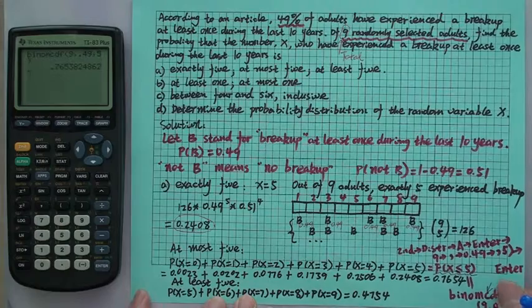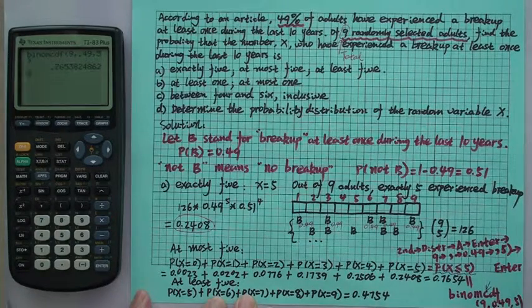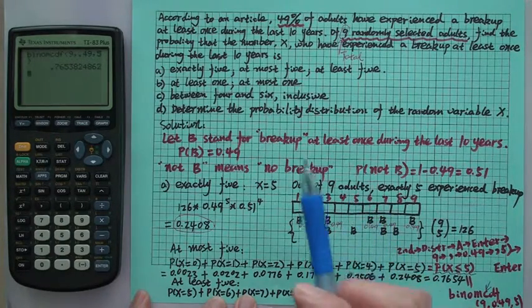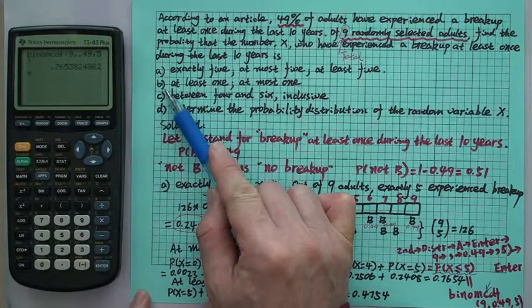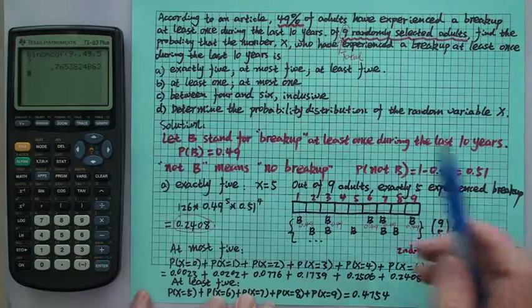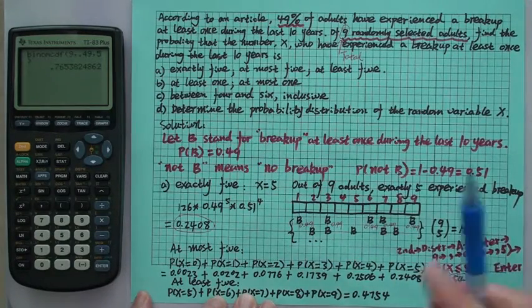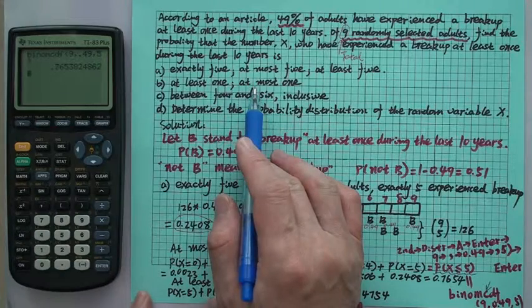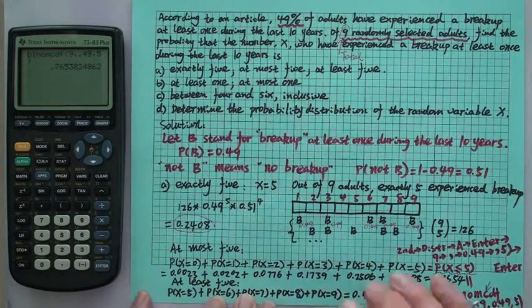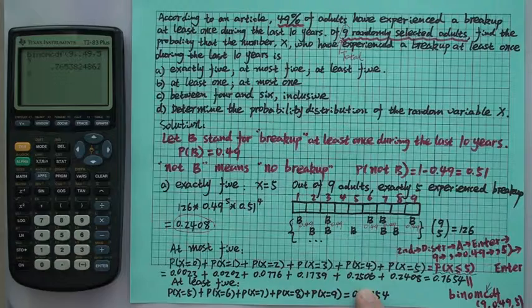And we keep going for B. Now, for B there is at least 1, and another case is at most 1. At least 1 is from 1 to what?